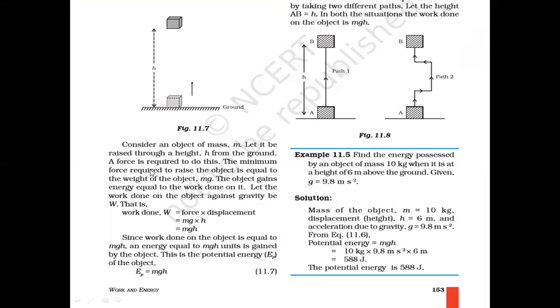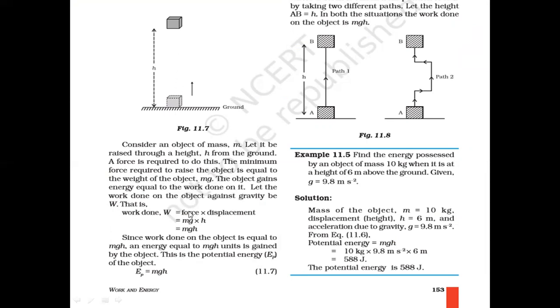So the object gains energy equal to the work done on it. We know energy is the capacity to do work. If that object is undergoing some work, we require force also. So we'll write this expression. Work done is force into displacement. Force is the mass of the object into gravity, because we are acting against gravity.